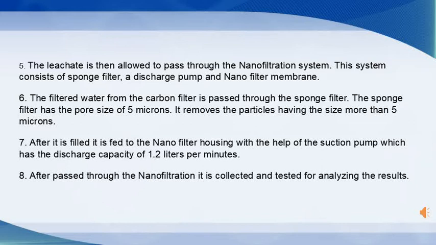It removes particles having a size of more than 5 microns. After it is filtered, it is fed to the nanofilter housing with the help of a suction pump, which has a discharge capacity of 1.2 liters per minute. After passing through the nanofiltration, it is collected and tested for analyzing the results.